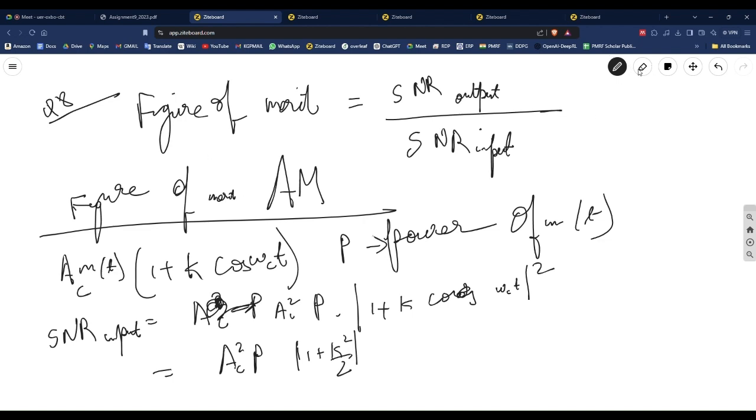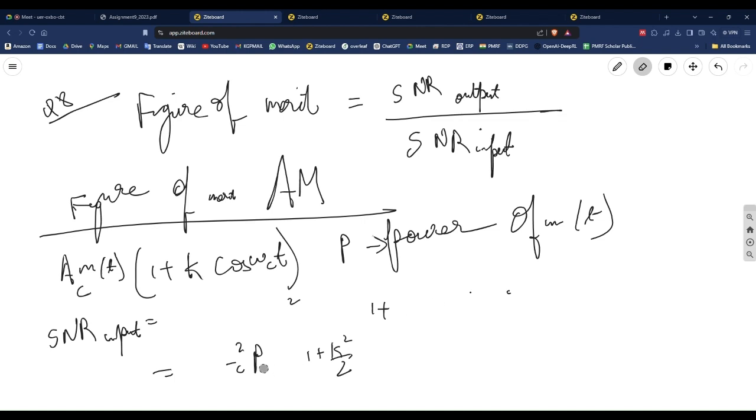Sorry, this was wrong. So this will be opposite. That's right, it was not matching. So AC cos omega CT into 1 plus K m(t).